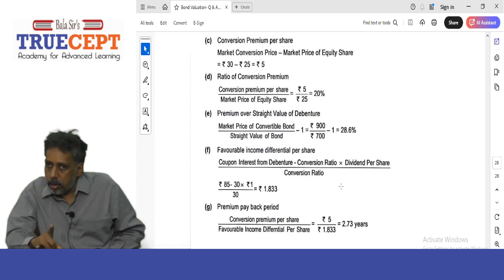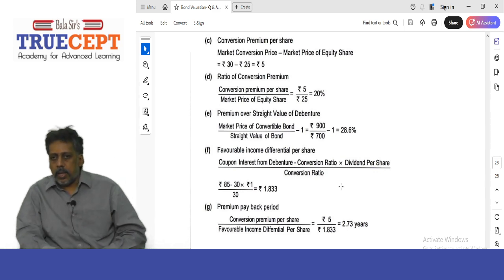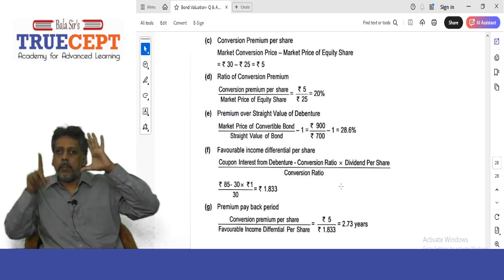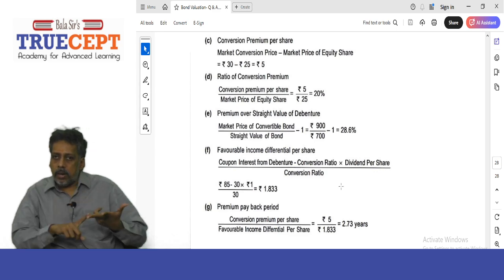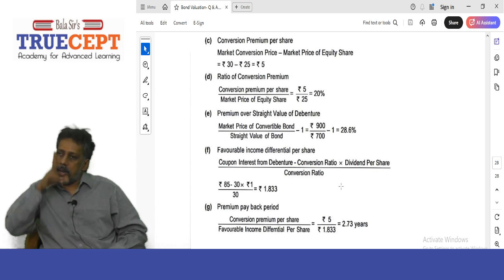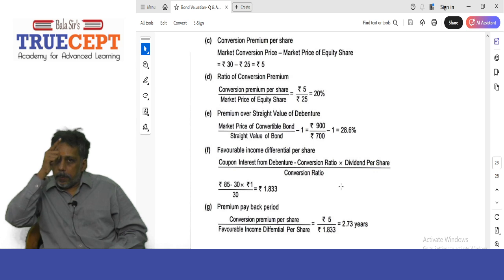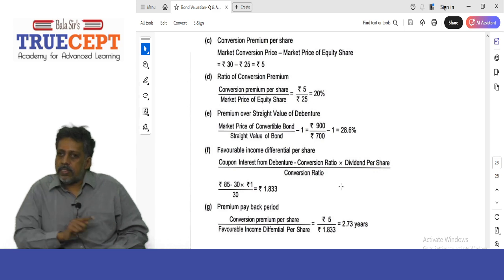28.6%. Either you can do this or what are you going to do, Renuka and other people watching the video? You can take 900 minus 700. How much? 200 extra. 200 by 700 into 100. Find the percentage. You will get 28.6%, same. 28.6% will be your premium over straight value, which is also known as, please make a note, the downside risk of a bond.